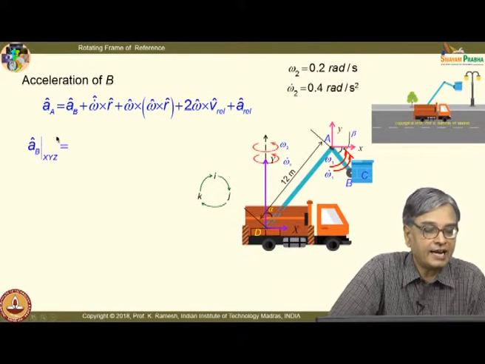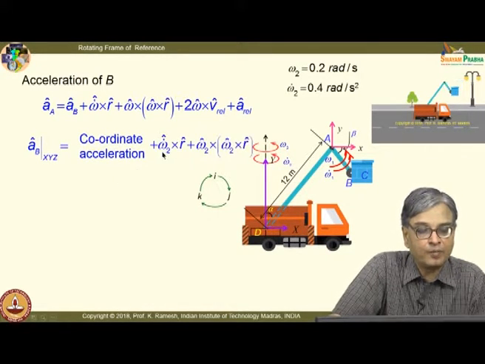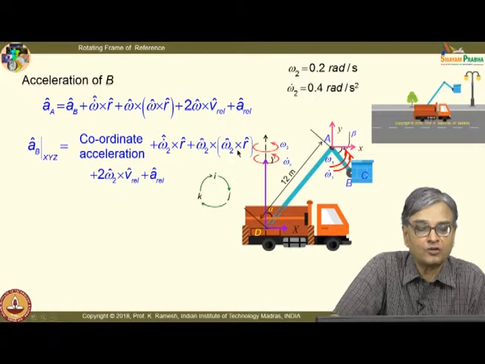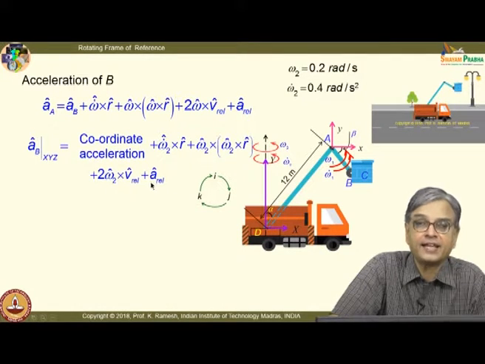So, here again I can write this as the point of interest is B, xyz: coordinate acceleration AB, plus omega 2 dot cross r, plus omega 2 cross omega 2 cross r, plus 2 omega 2 cross VREL, plus AREL.